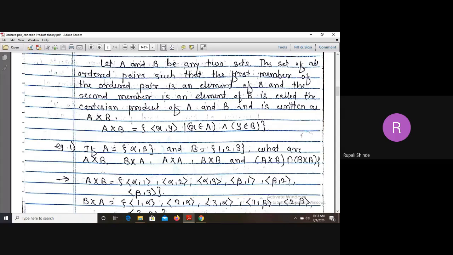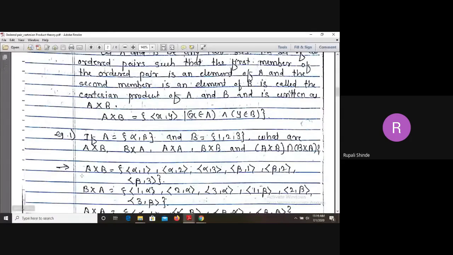So this is the value for A Cartesian product B. Now check here. This is the set of ordered pairs where the first element of each ordered pair is an element of set A and the second element is an element of set B. So this is the answer for A Cartesian product B.